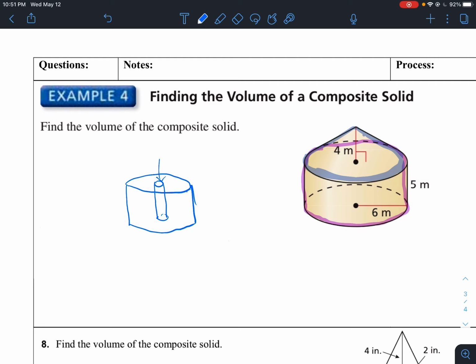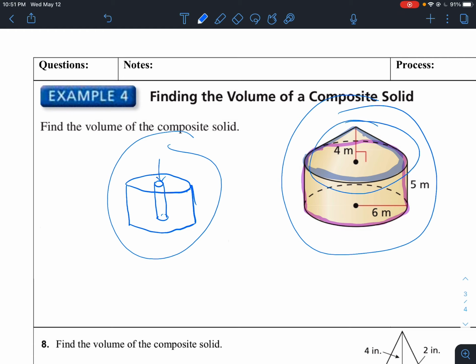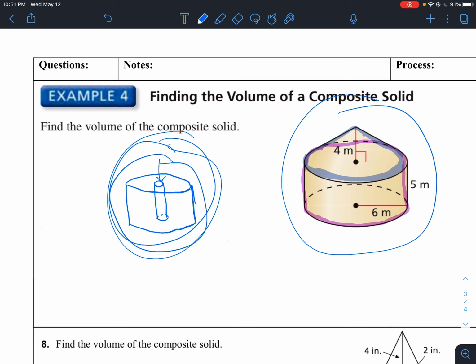So you are either going to be adding the two solids, or in this case you'll be subtracting. You'll take the volume of the entire 3D solid, and then subtract out the area inside right there.